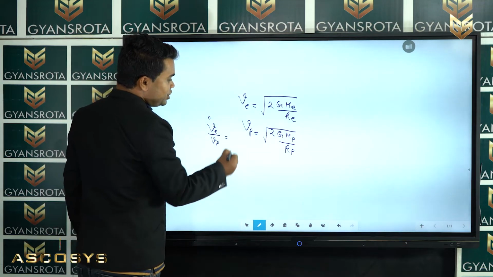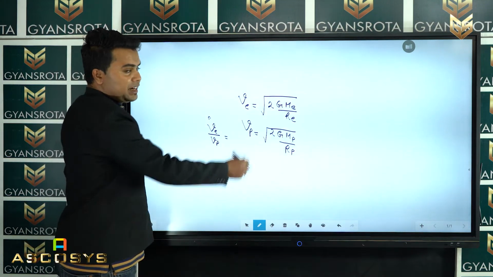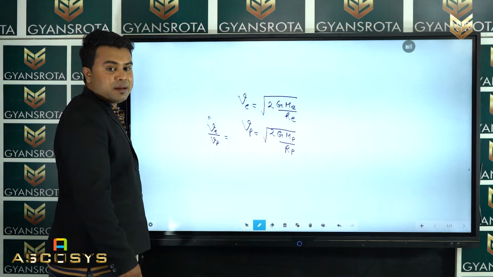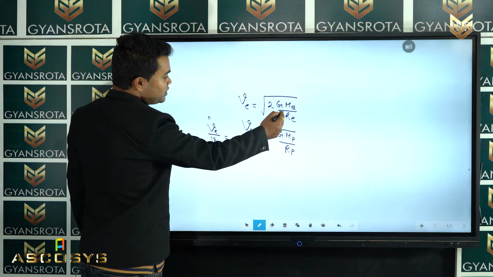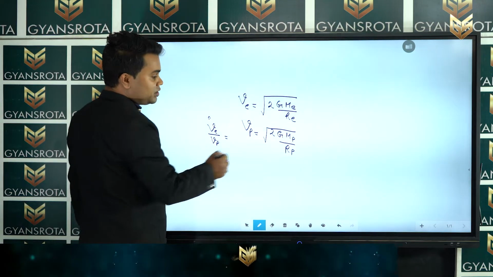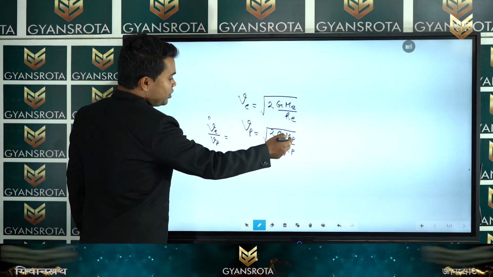So, once you take the ratio, just substitute the values. It is saying that the radius of the planet and the mean density is twice that of the Earth. Radius will be twice of the Earth, right. So, it will be 2 R_e, and density you can get from here because mass is given.